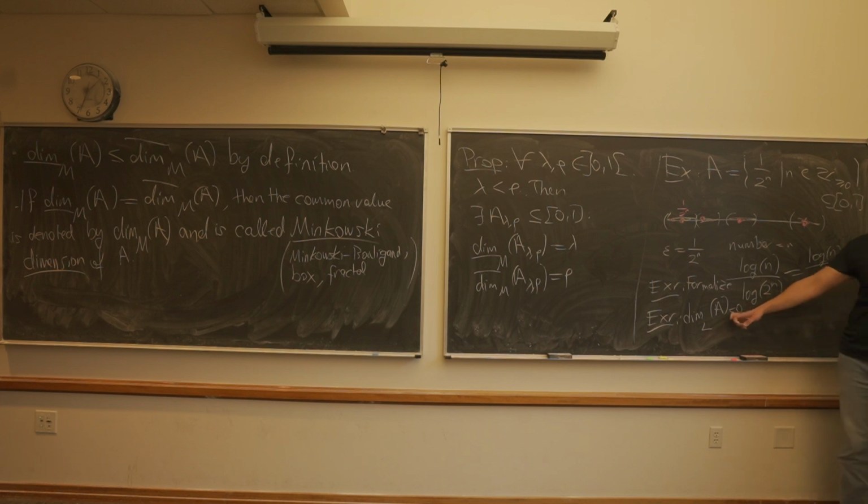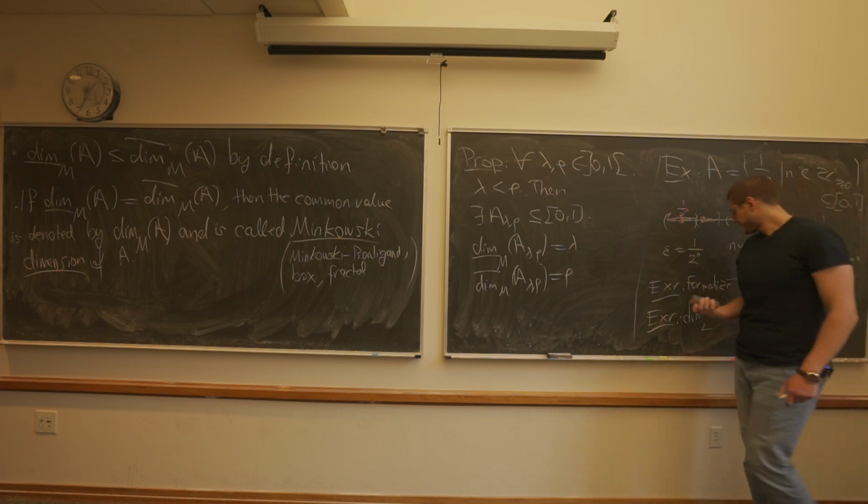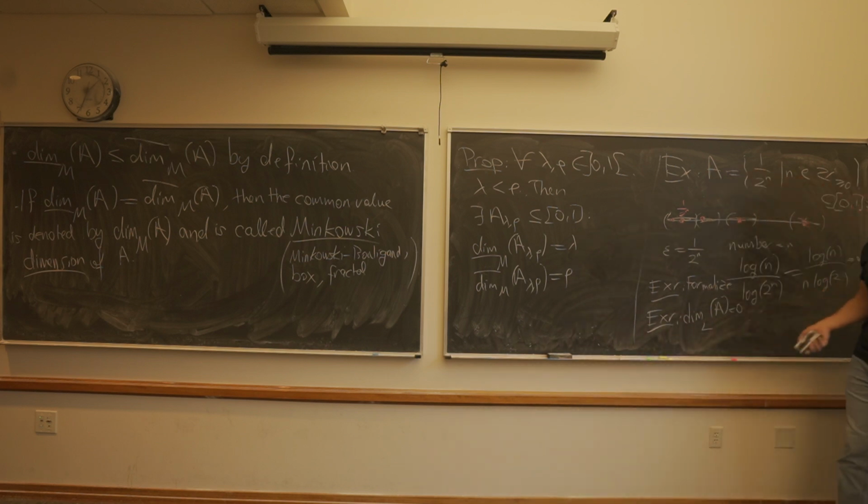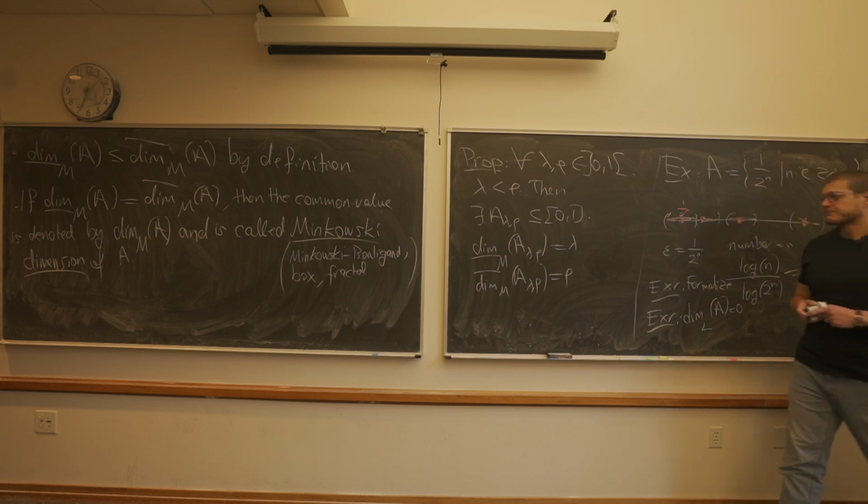Because ultimately, I was able to come up with an open cover such that no two cells of the open cover intersect. That's the idea. So in this case, it turns out that the Minkowski dimension is the same thing as the Lebesgue dimension. It can happen.